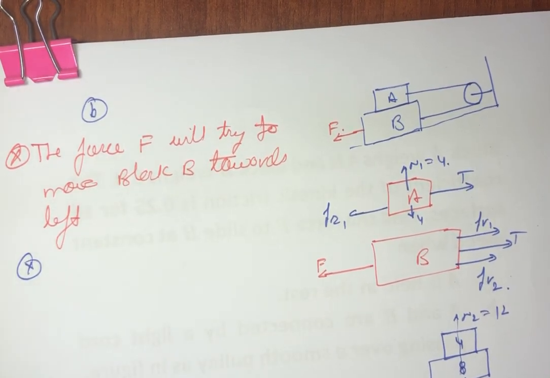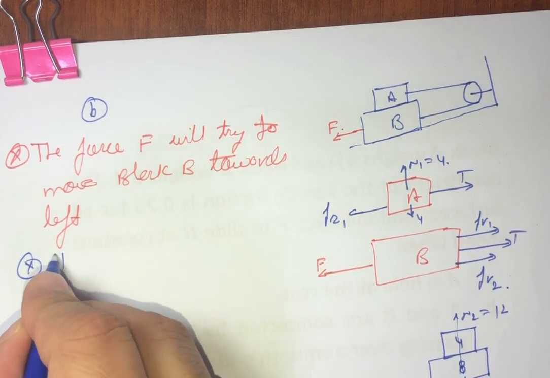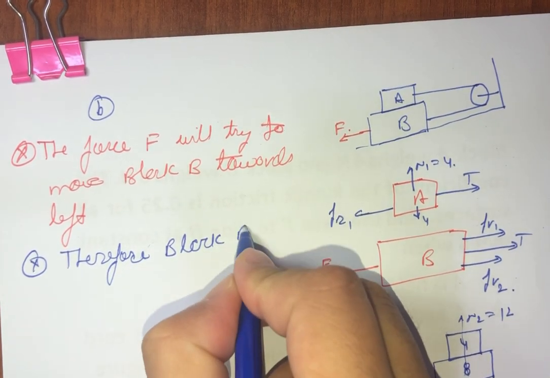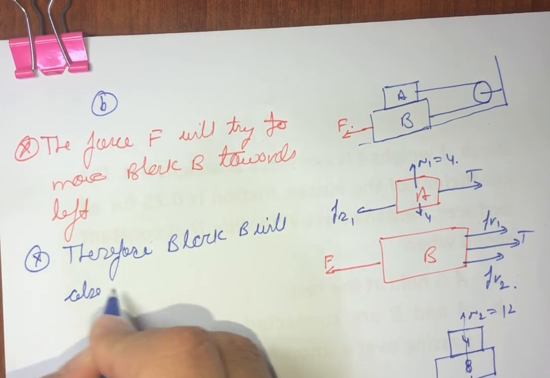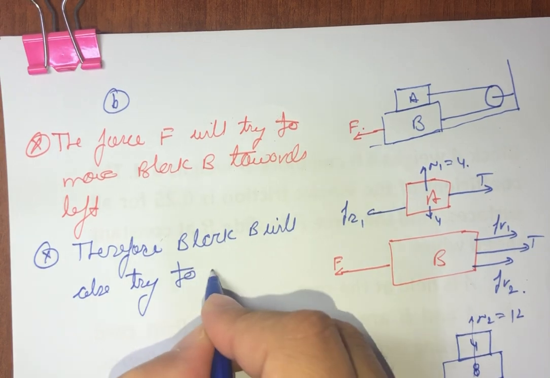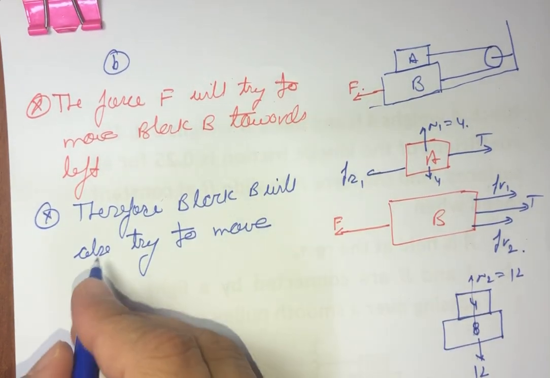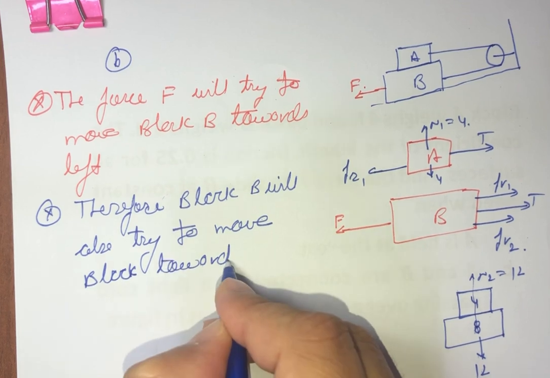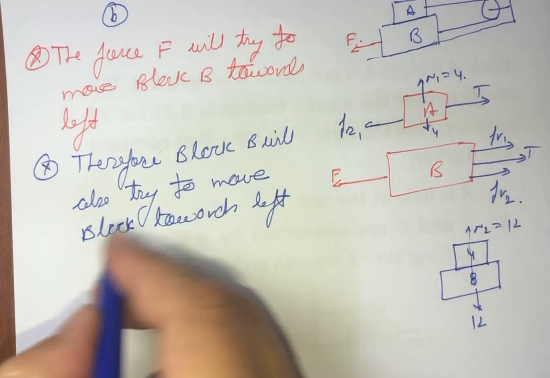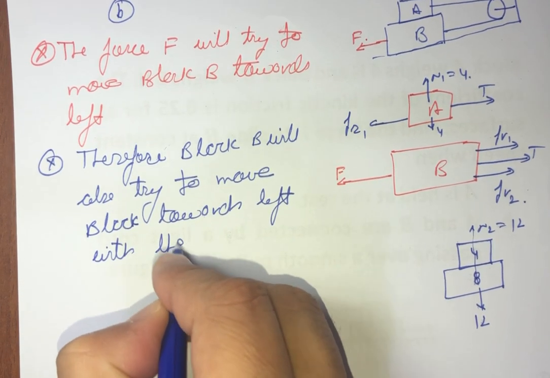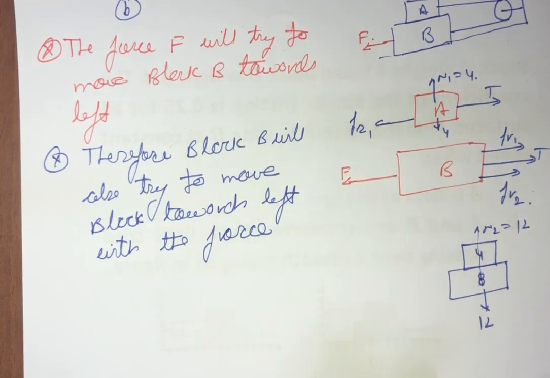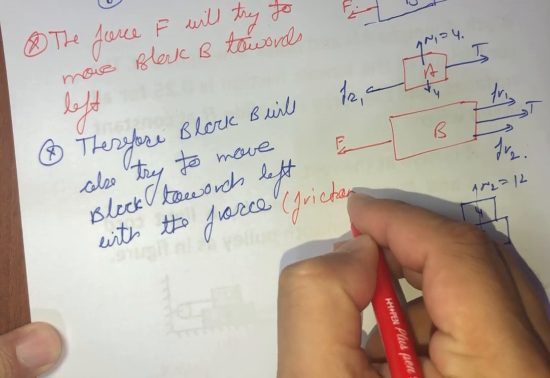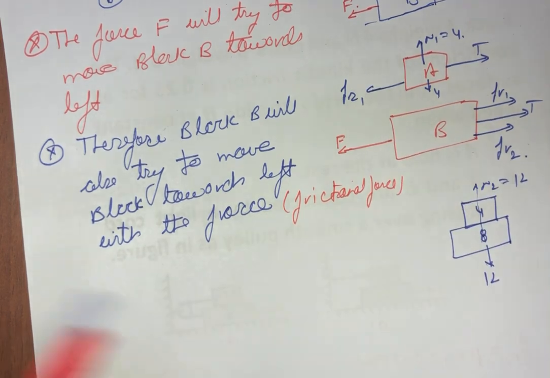Therefore, block B will also try to move block A towards left with the force which will be nothing but the frictional force, Fr1.